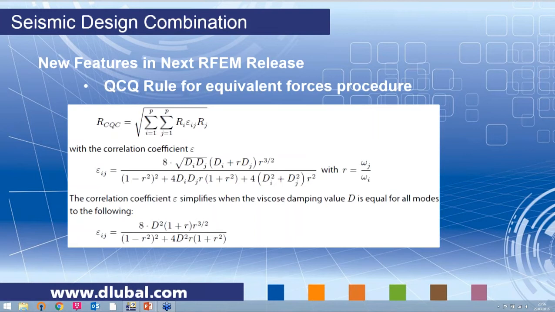For the CQC rule, we now have the option to consider Rayleigh damping or a lehr damping, and the values which we need for this are the damping values and of course the angular frequency of the used modes. I just want to show you how to work with these new options in the program.